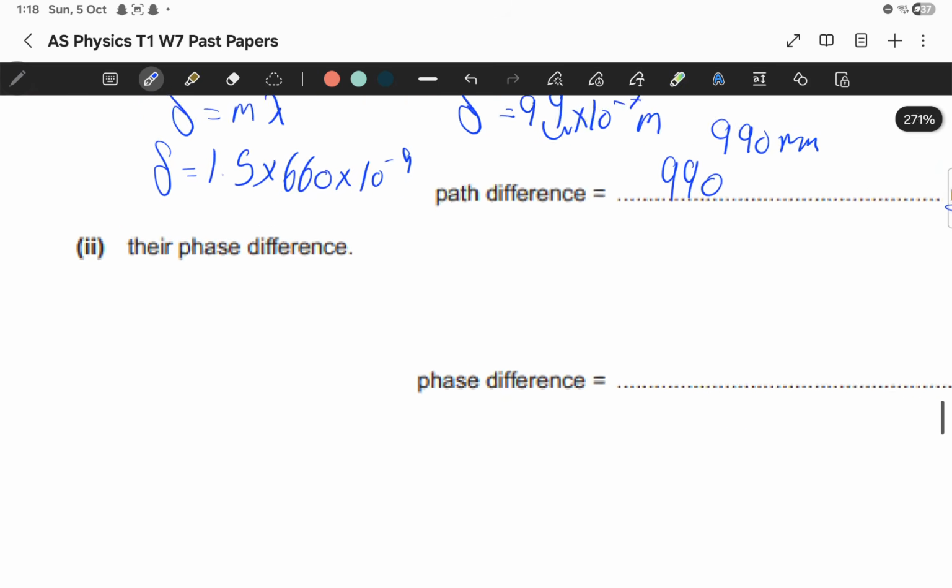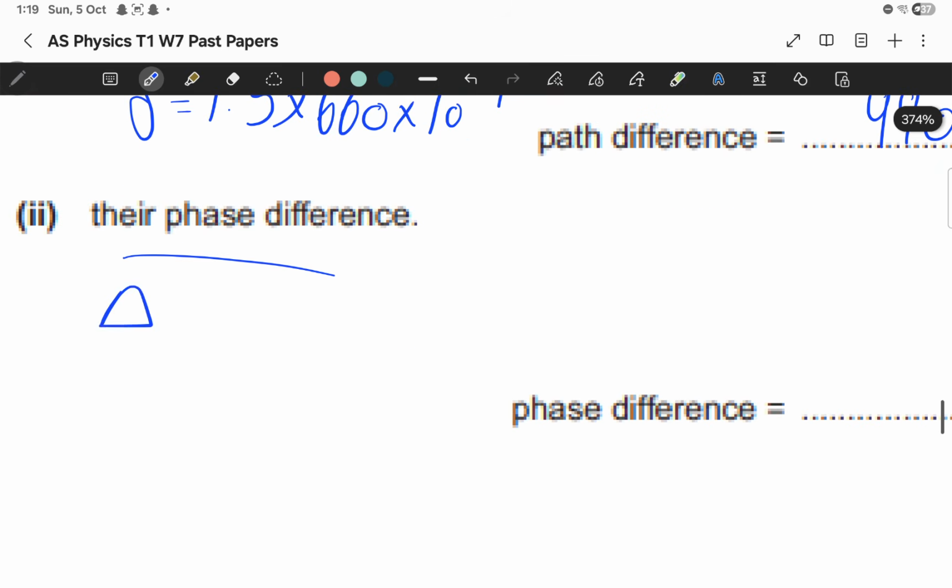Done. Their phase difference, you're going to use the formula: delta phi is equal to 360 over lambda times delta.